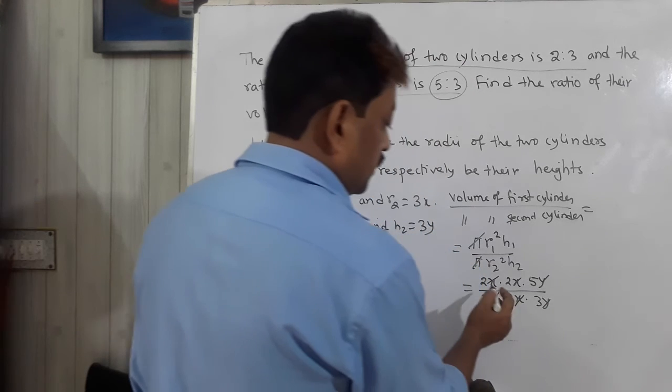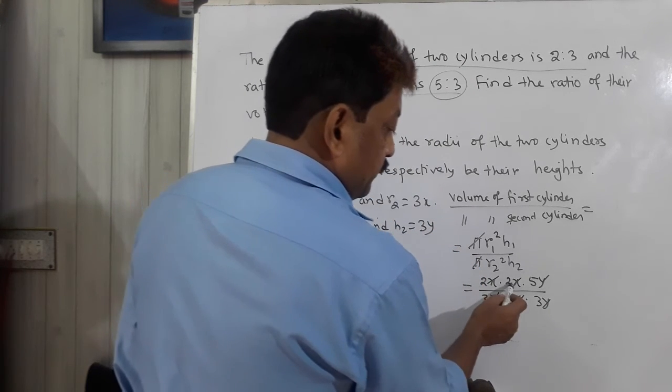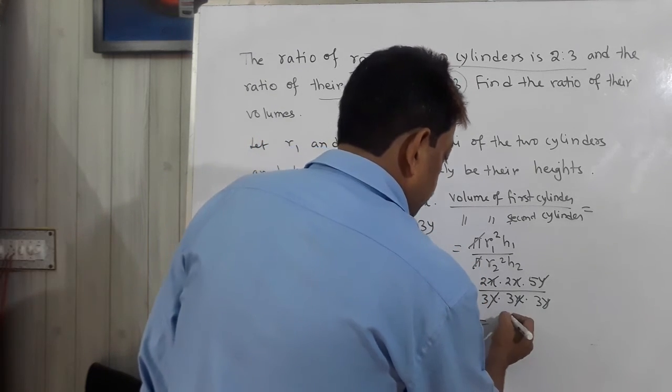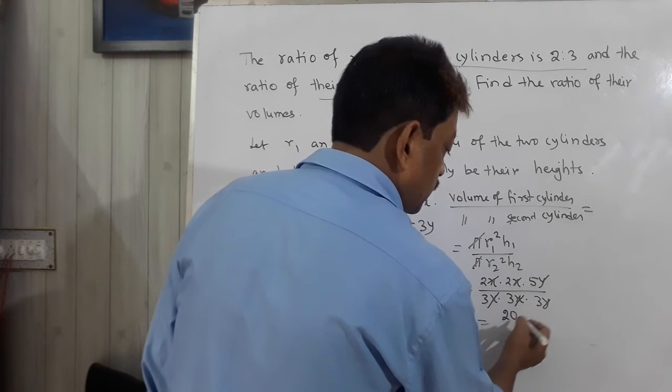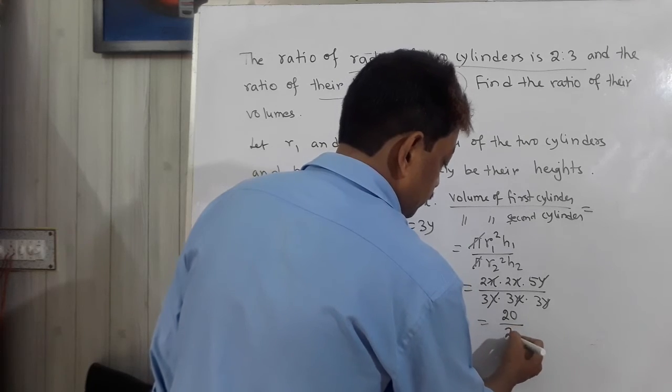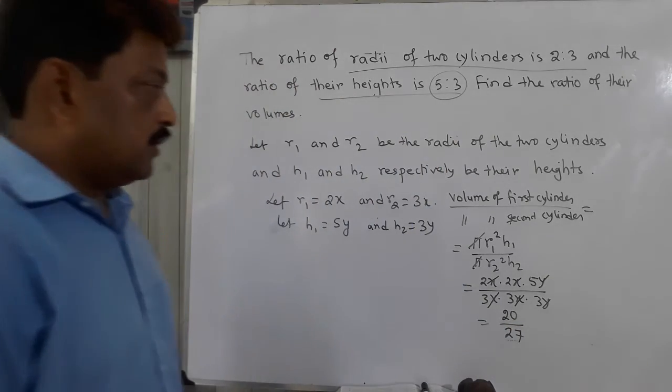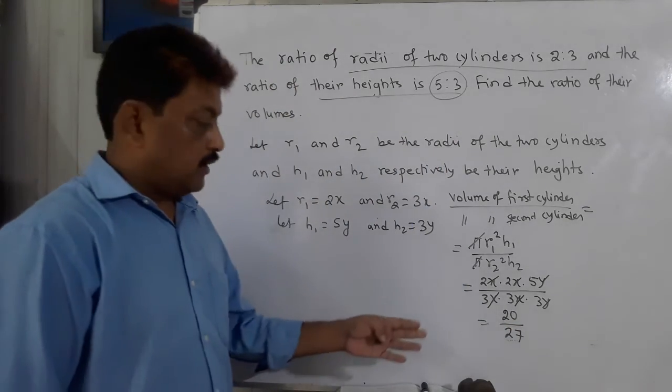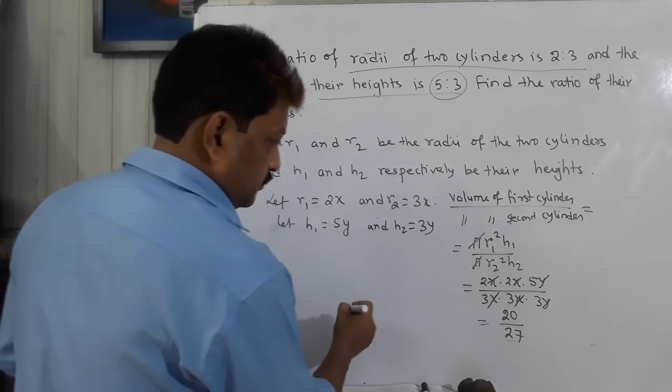So we are getting 2 2s are 4, 4 5s are 20, over 3 multiplied with 3 multiplied with 3, that is 27. So we have got the ratio as 20 upon 27.